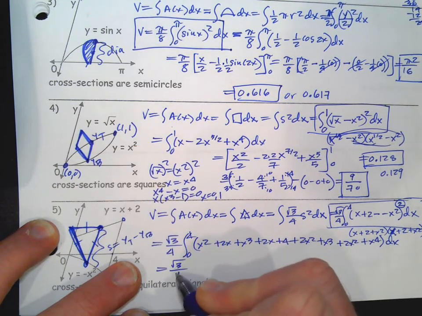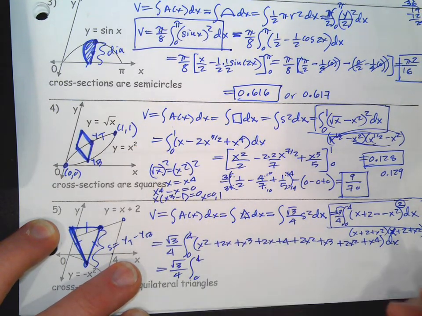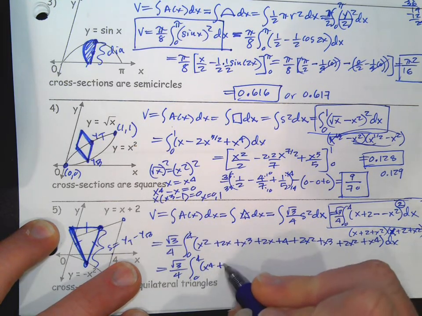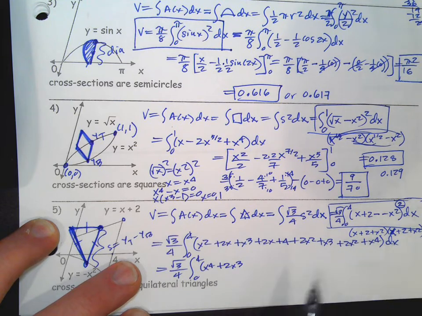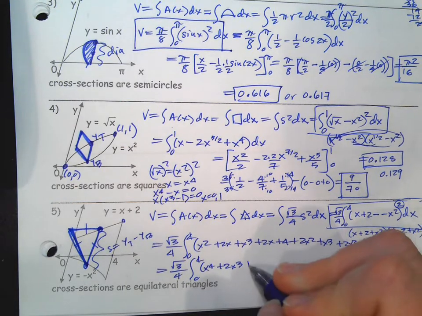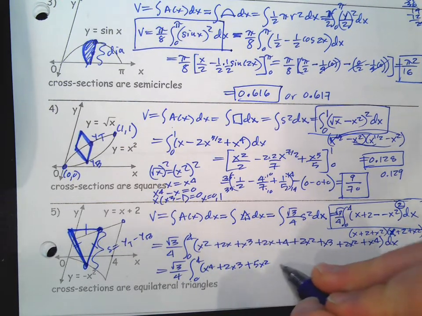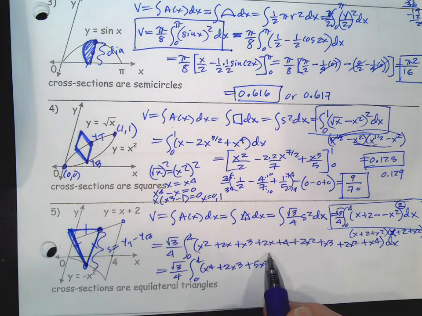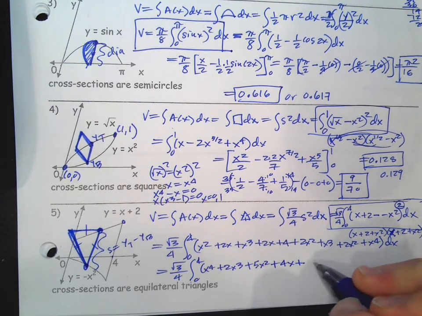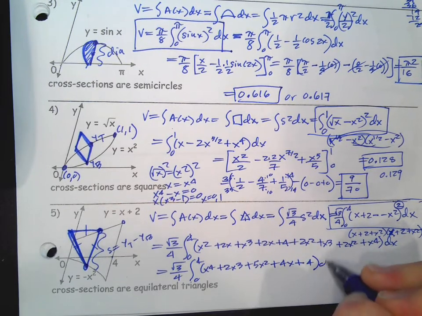Combine like terms. Probably put the x to the fourth first, and then 2x cubed. And then we have x squared, 2x squared, 2x squared. So is that 5x squared? And then x is 2x, 2x, 4x, and plus 4, I think.